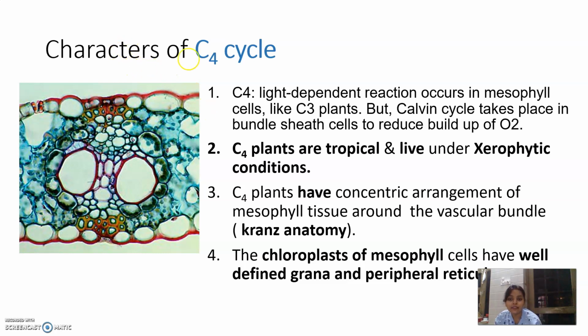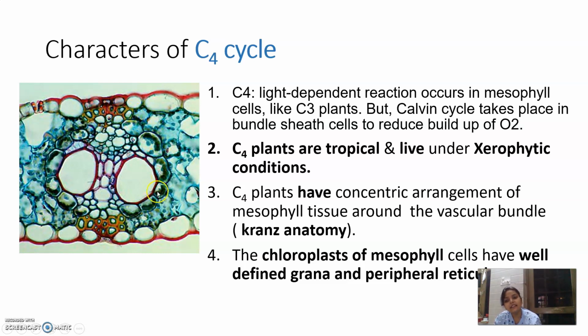Let's see this arrangement in this view of a grass leaf. Here the vascular bundle is present. The vascular bundle is surrounded by the bundle sheath cells. These are barrel shaped cells which are inflated.